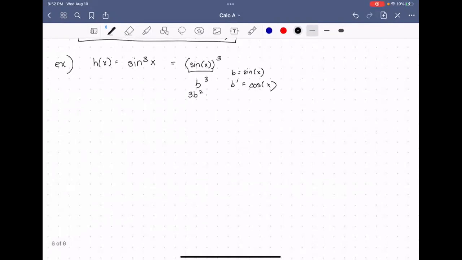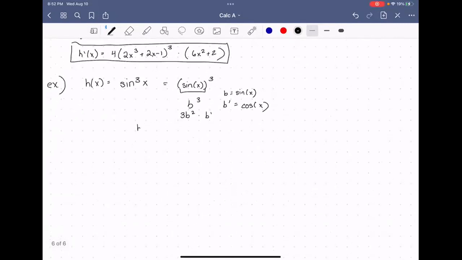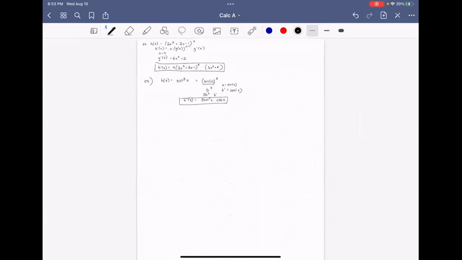Therefore, our correct answer would be h prime of x is equal to 3 sine squared x times cosine x. There we go. That's the correct answer.